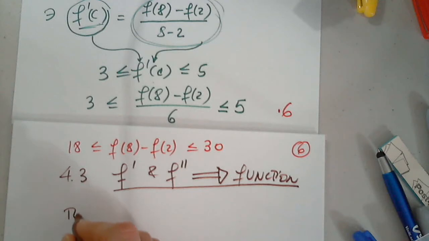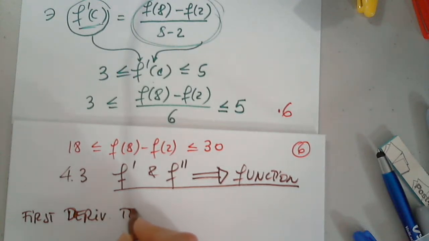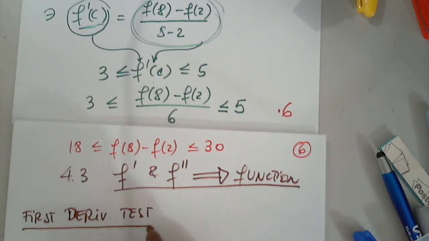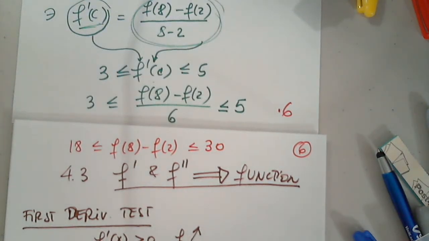We already talked about the first derivative test. What is the first derivative test? We already discussed that when f prime of x is greater than 0, f is increasing. When f prime of x is less than 0, f is decreasing.